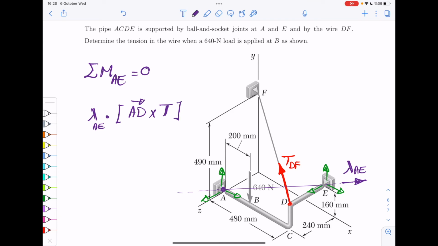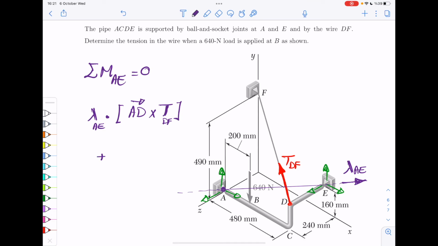So that would be the moment of tension with respect to the line. Again, this is the moment with respect to point A, and this is the projection thereof, which gives you the moment with respect to line AE.